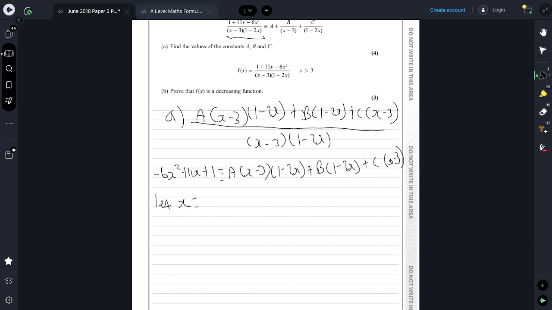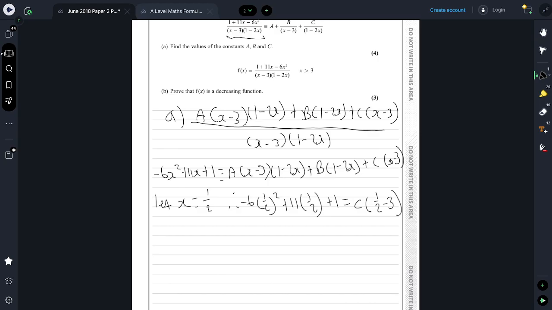So 1 minus 2x is 0. Well, 2x is 1, so x has to be a half. Now we substitute it in. So minus 6 of a half squared plus 11 of a half plus 1 has to be, well, the other terms go to 0, so we're left with c of a half minus 3.